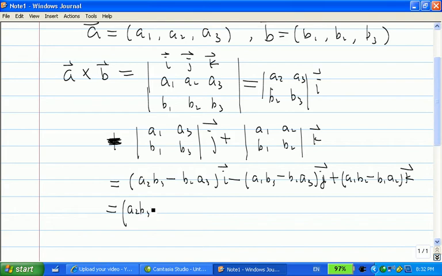If you want to write it in the form of a triple, the first component is A2, B3 minus B2, A3. The second component is minus, so I write this one first: A3, B1 minus A1, B3.